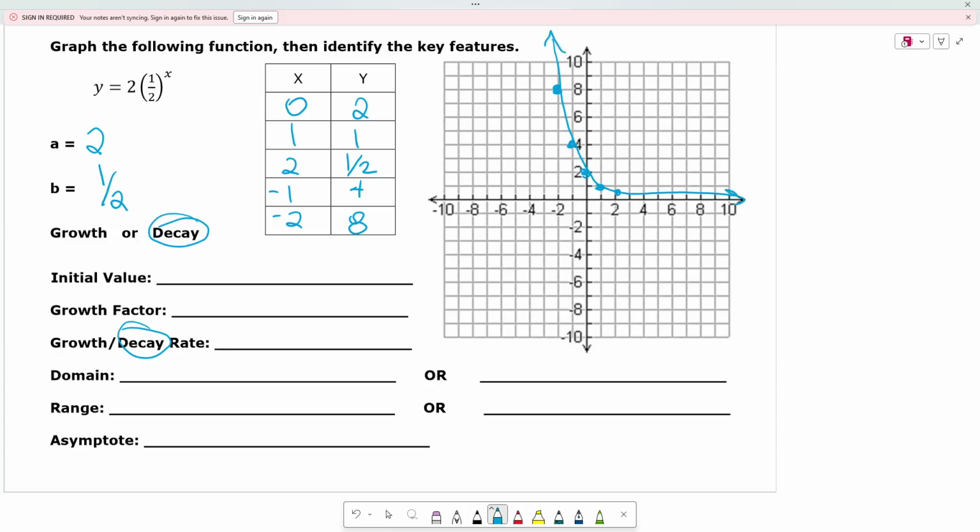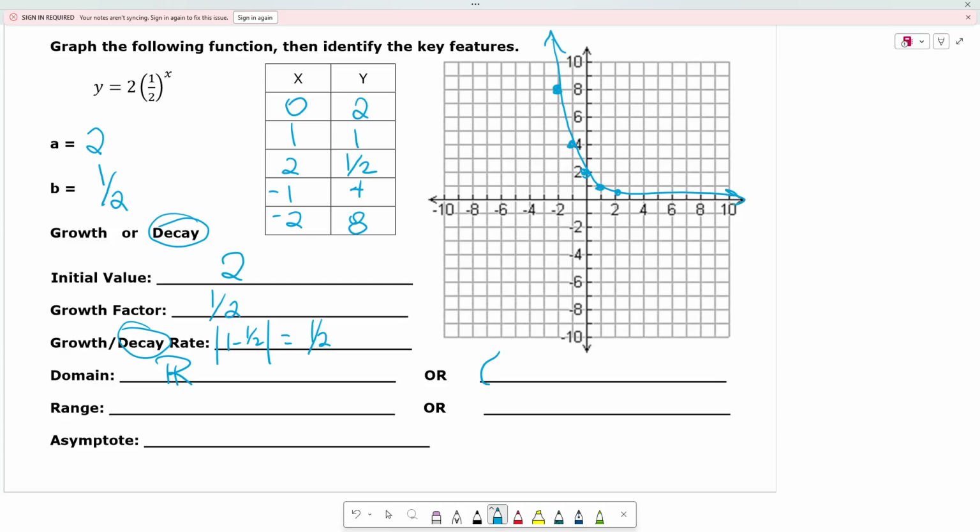It's going to be approaching the asymptote to the right. So my initial value is 2. My growth factor is 1/2. My growth or decay rate, remember, is the absolute value of 1 minus 1/2, which in this case would be 1/2. My domain is still the same, just like it was on the last one. It's all real numbers.